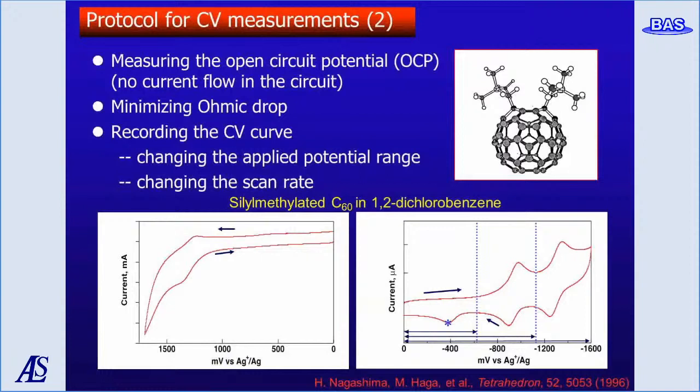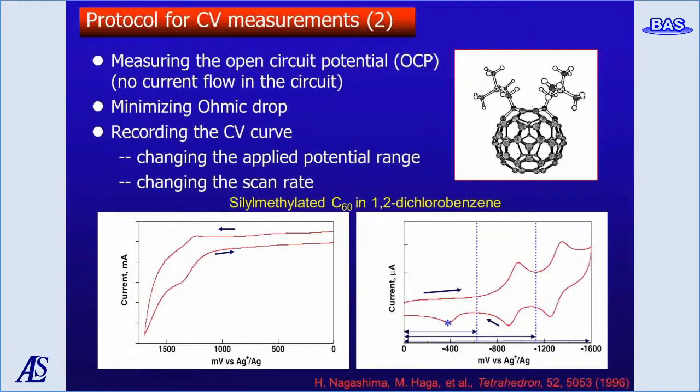After measuring the background in 1,2-dichlorobenzene, the analyte is added to the solution, and after the dissolution of the analyte, the CV measurement starts. At the beginning, the open circuit potential, where the current between the working and counter electrode is zero, should be measured, and then the CV curve is recorded for both positive and negative potential directions.